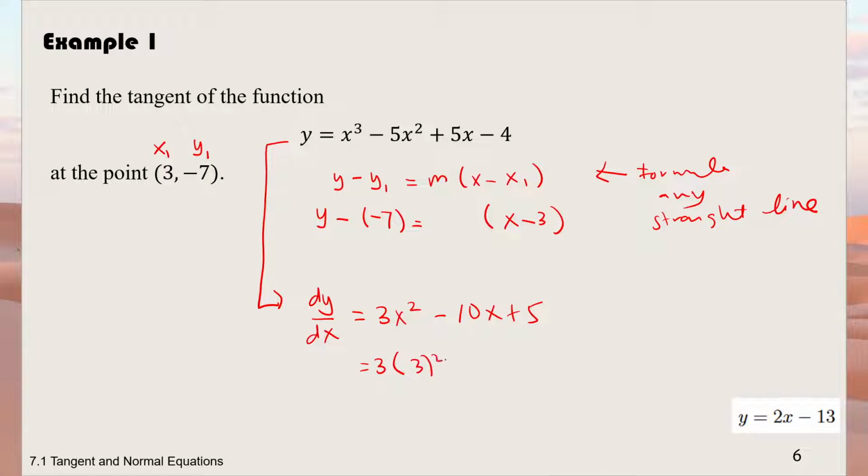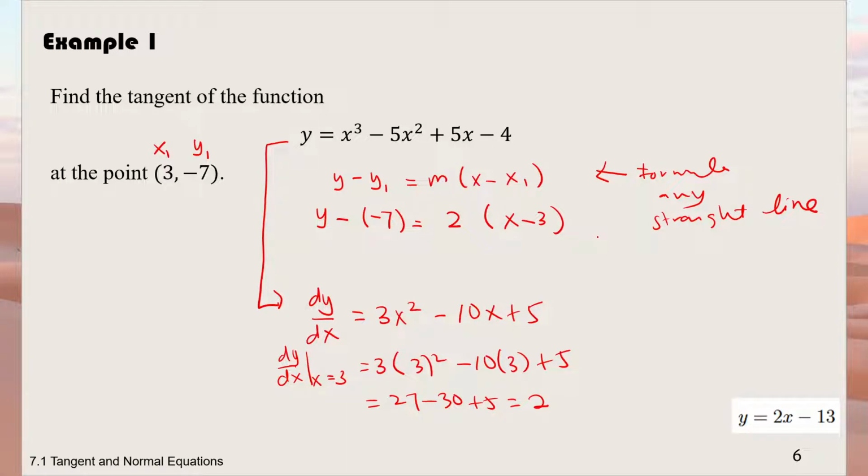So 3 squared minus 10 times 3 plus 5. Actually, over here it is 30. Sorry, this one is 27 minus 30 plus 5, which is 2. So my gradient, or my dy/dx when x equals 3, equals 2, so I substitute 2 here.